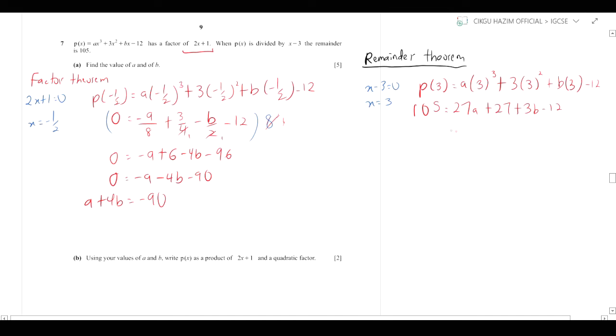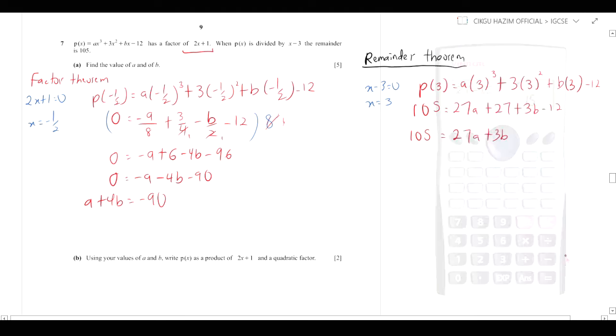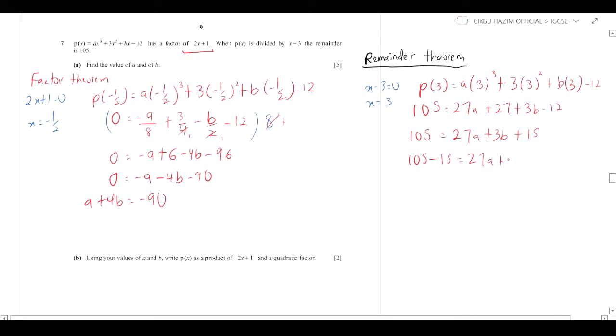So 105 equal to 27a plus 3b, and 27 minus 12 is 15. Moving 15 to the left, 105 minus 15 equal to 27a plus 3b, so 90 equal to 27a plus 3b.